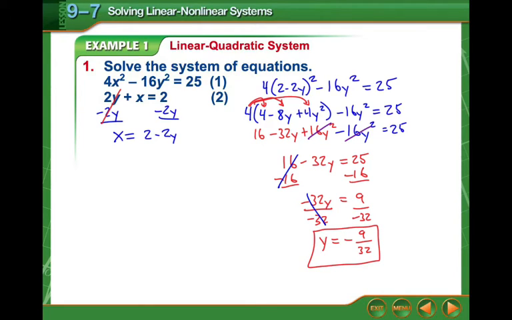We need to find x still. So remember, the solution to a system of equations is a point. With all of these problems, whenever you're looking at linear, nonlinear, or even two nonlinear equations together, we could have more than one solution, or we can still have no solution. So we could have no solution, one solution, two solutions, or four solutions.